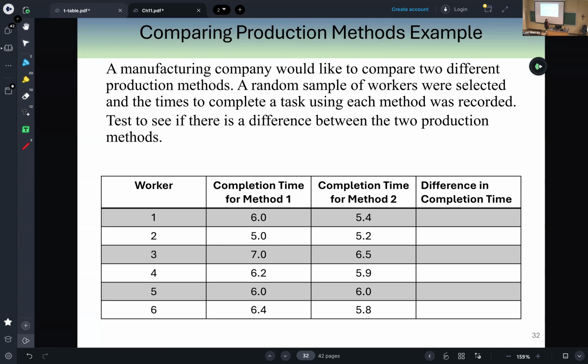So we can get the difference. The difference is 1 subtract 2. And we do that by getting 0.6, and then negative 0.6, and then negative 0.2, 0.5, 0.3, 0, and 0.6.